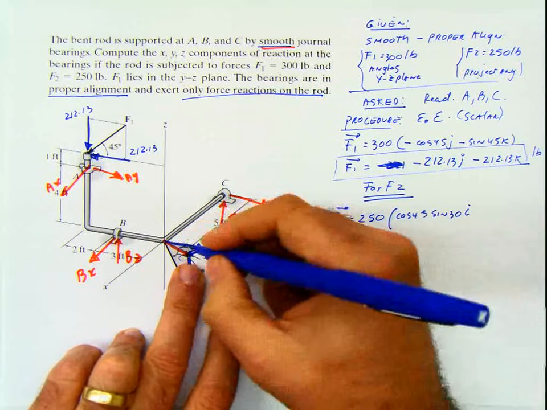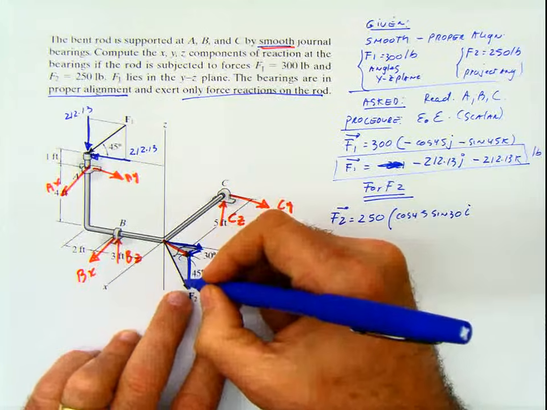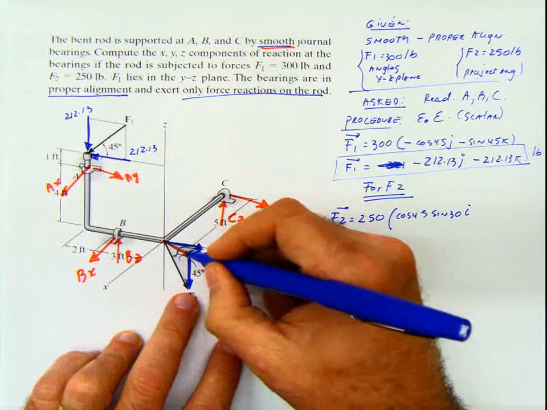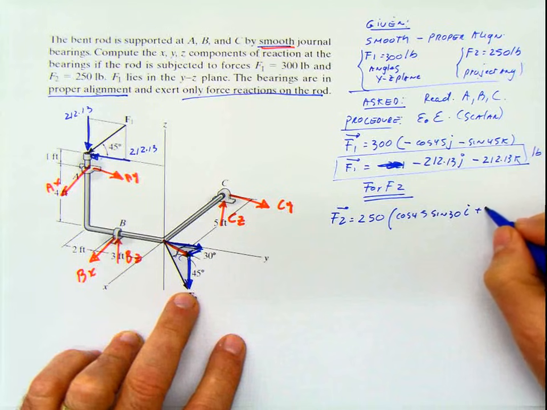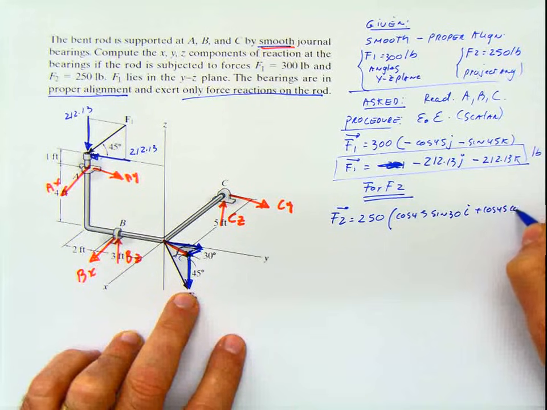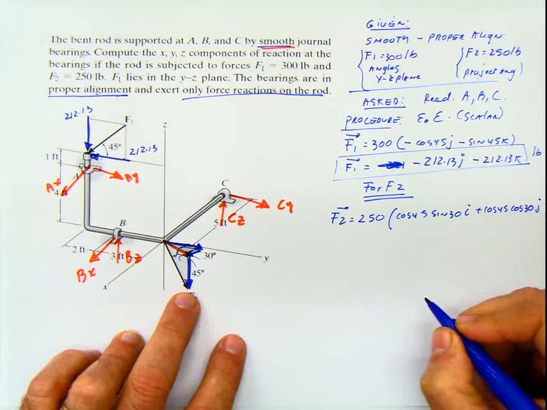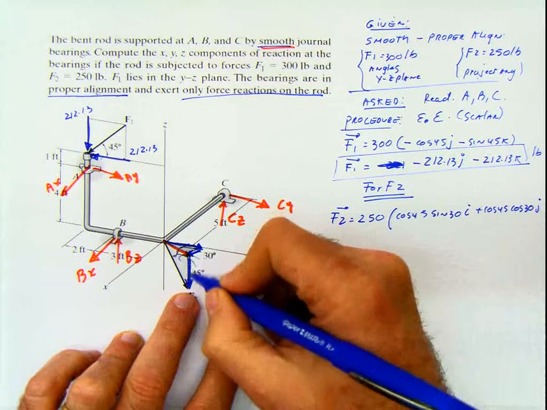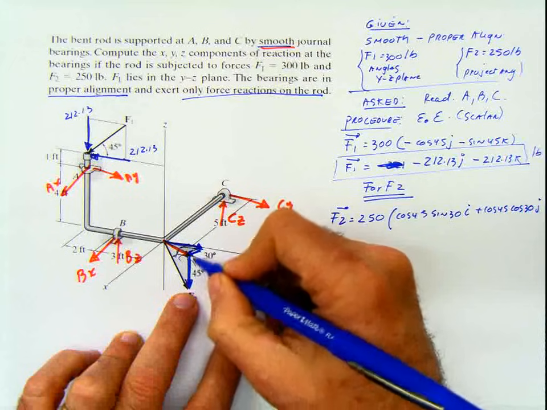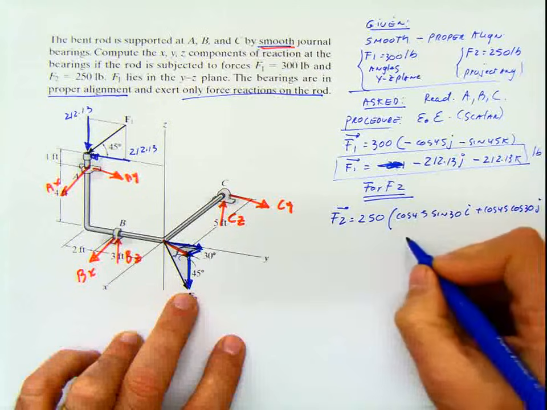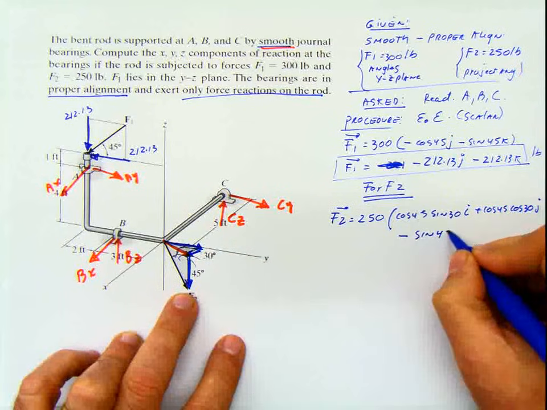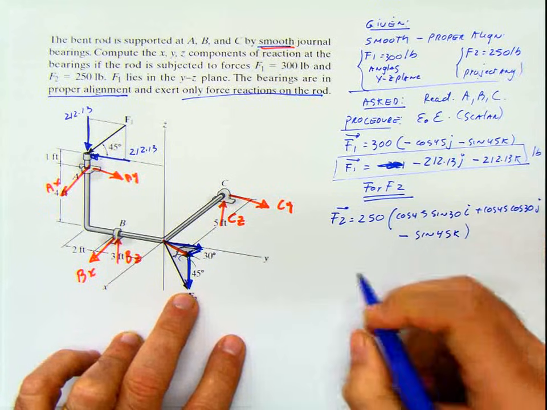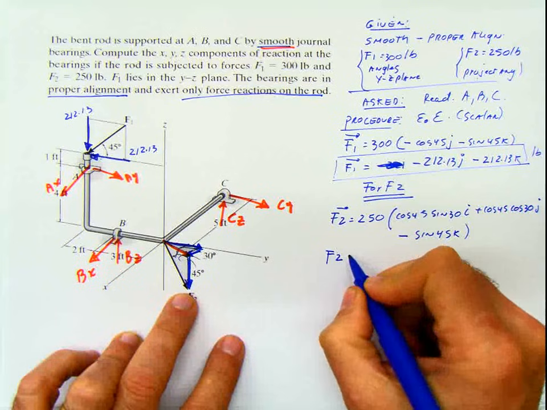And in the y direction, it's going to be this other one, but it's also going to be cosine 45, which is this one, and then I put it to the other side, cosine 30, in the j direction. And for the z direction, which is this one, it's just going to be negative sine 45 in the k direction.